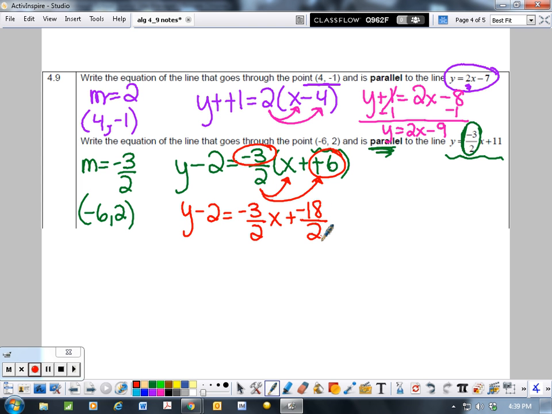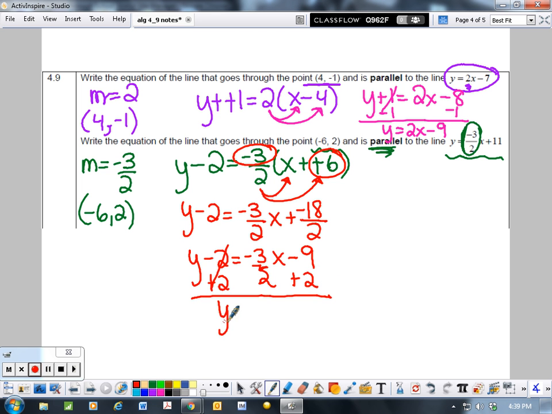And then I keep that over 2, and now I divide out. 18 divided by 2. So y minus 2 equals -3/2 x. -18 divided by 2 is -9. And now I move that 2 over. So y equals -3/2 x minus 7.